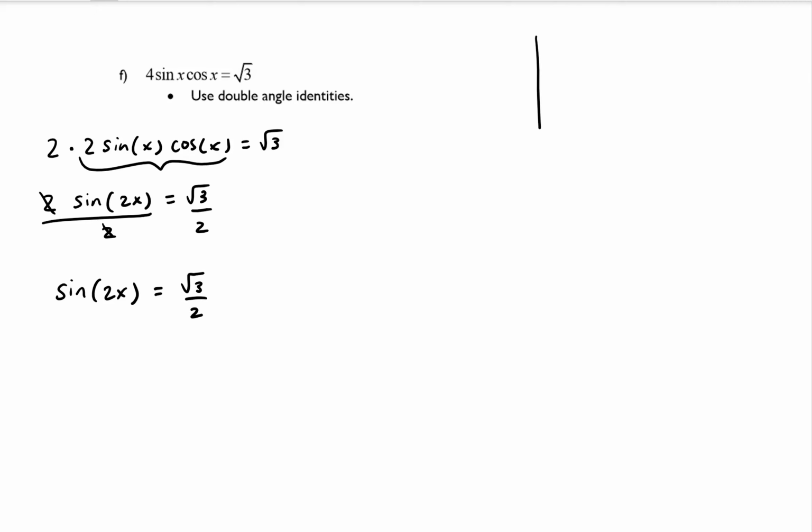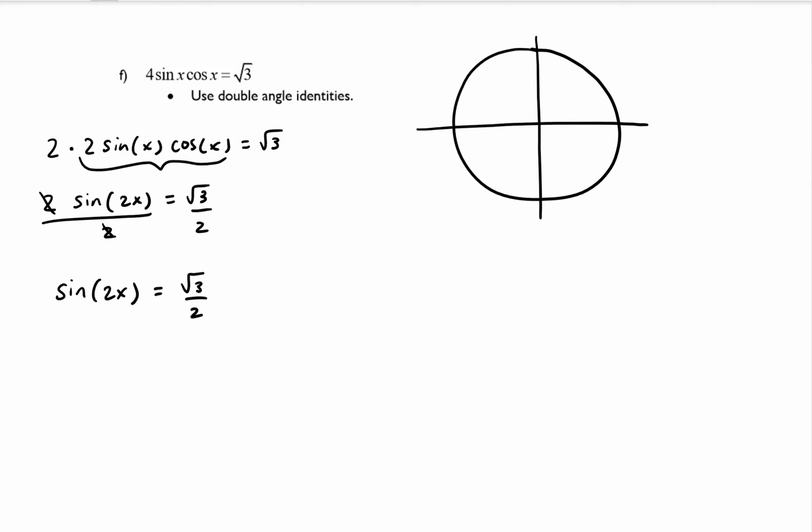So I'm going to go ahead and draw my unit circle, and there are 2 locations where the sine value is equal to root 3 over 2 on the unit circle.